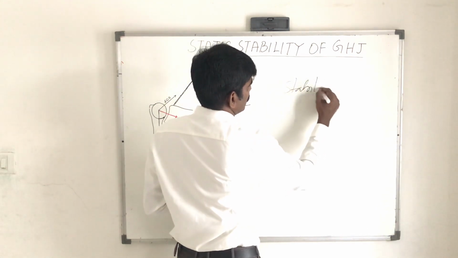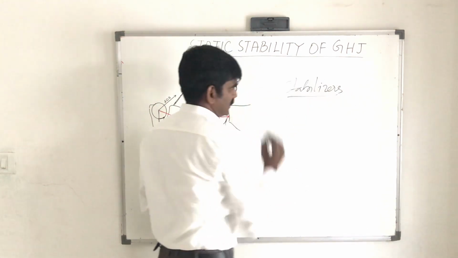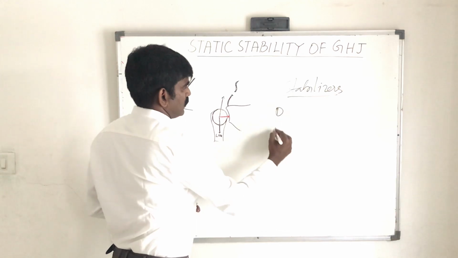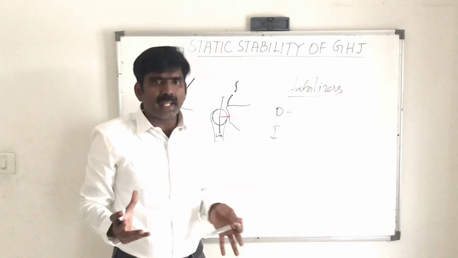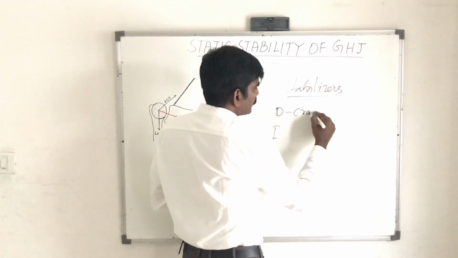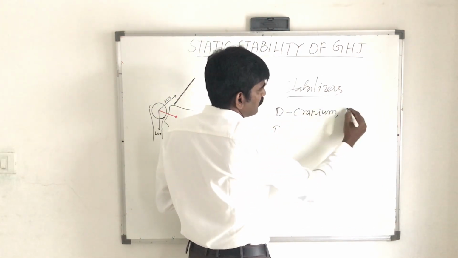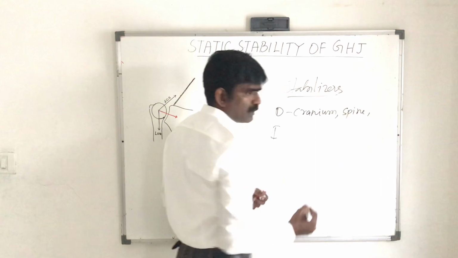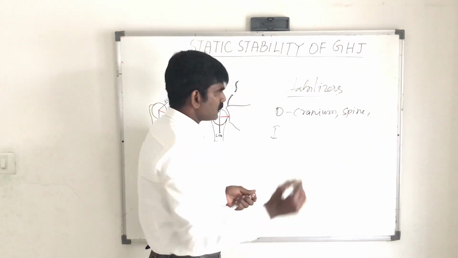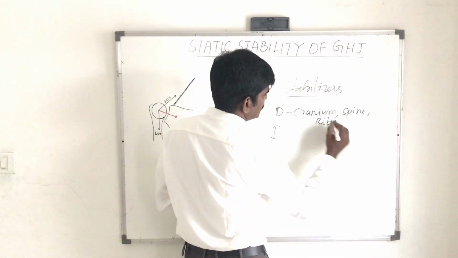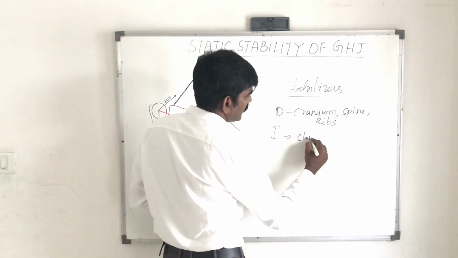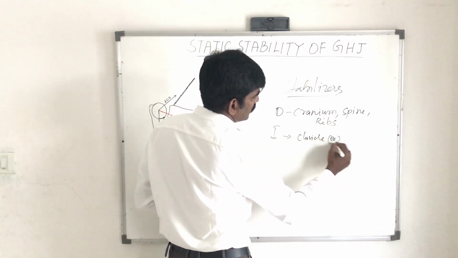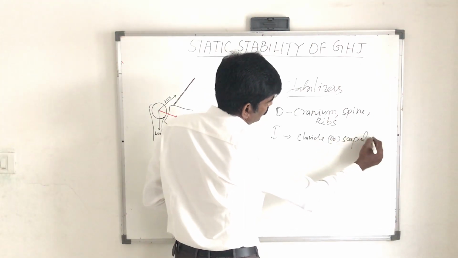Clear? What are stabilizers? Stabilizers means the muscles which originate from the cranium, spine, and the ribs, and insertion should be in clavicle or scapula. Clear?